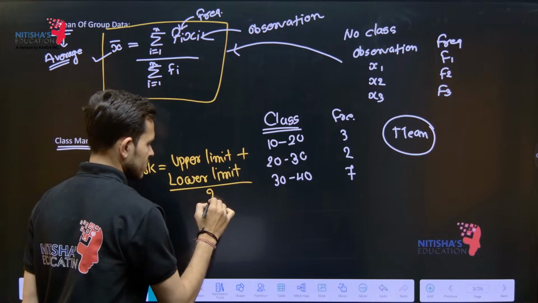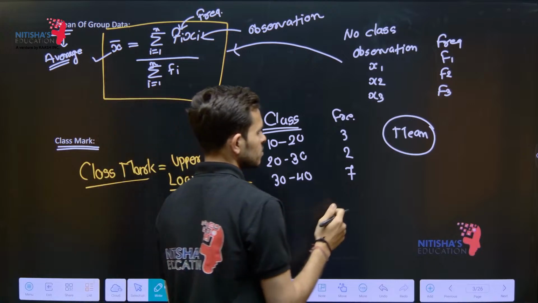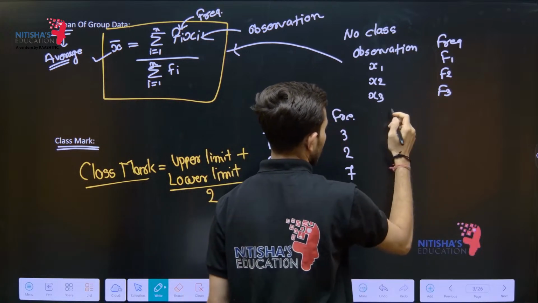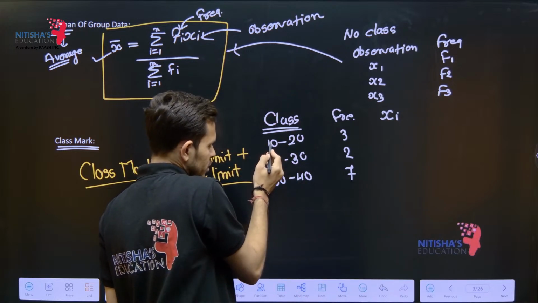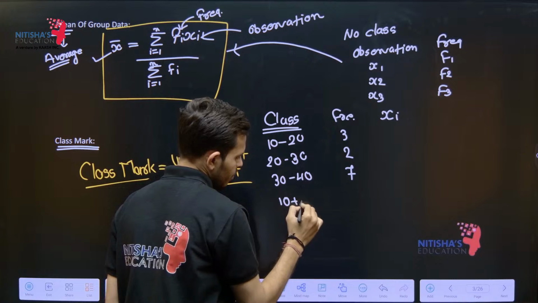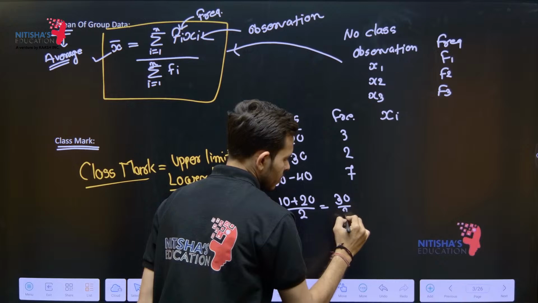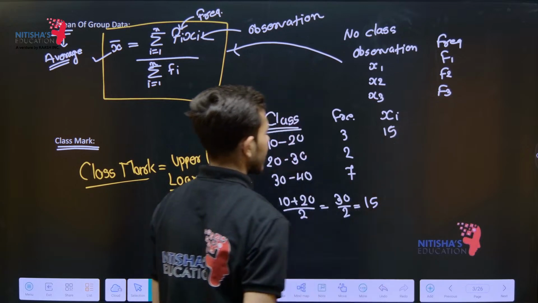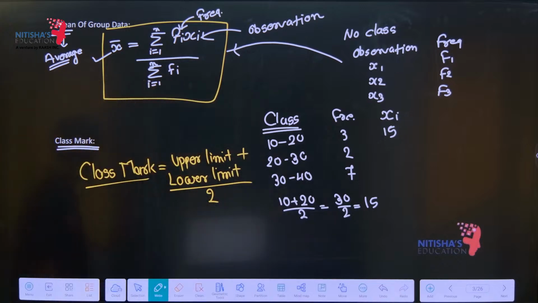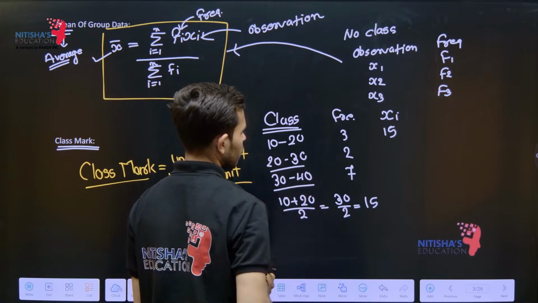So with the help of this equation we can find out class mark, and this class mark is denoted by xi. What is the class mark for 10 to 20? It's 10 plus 20 divided by 2. It means 30 divided by 2, which is 15. So we have xi as 15. Likewise we can find all the class marks for the given classes.